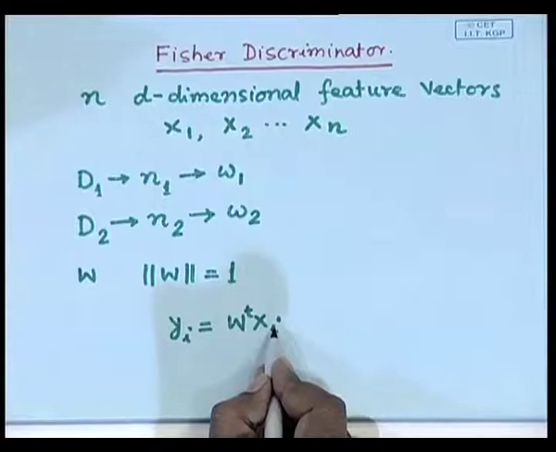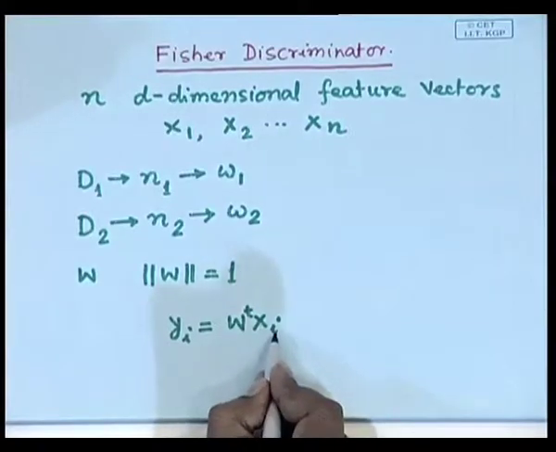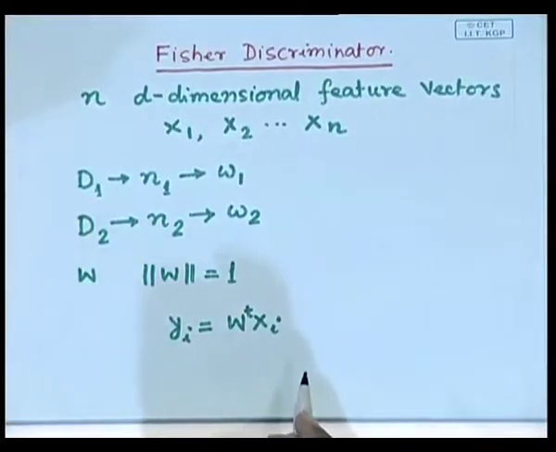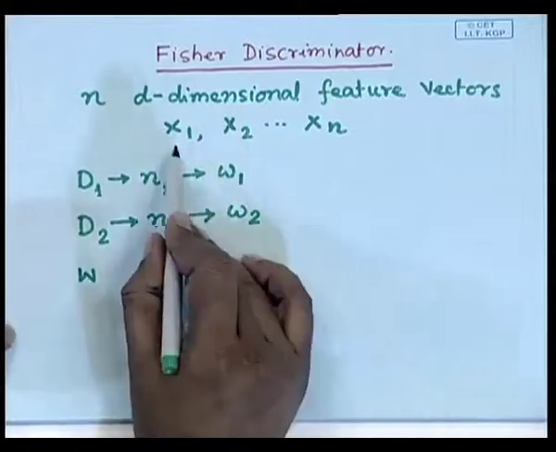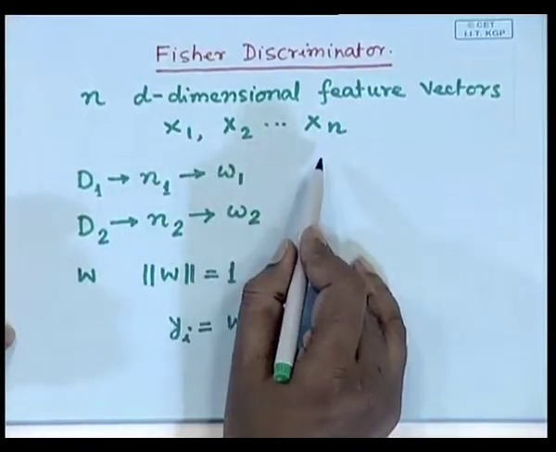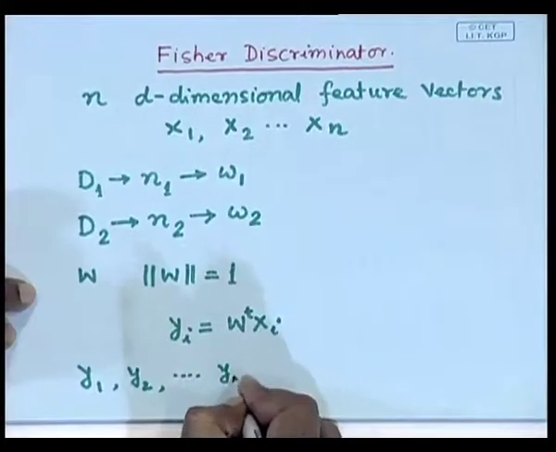When I take the projection of this in the direction of W, I get W transpose x i, and the projected vector is y i. So, when I have these n samples x 1 to x n, the projections of these onto this projecting line will be y 1, y 2 up to y n.